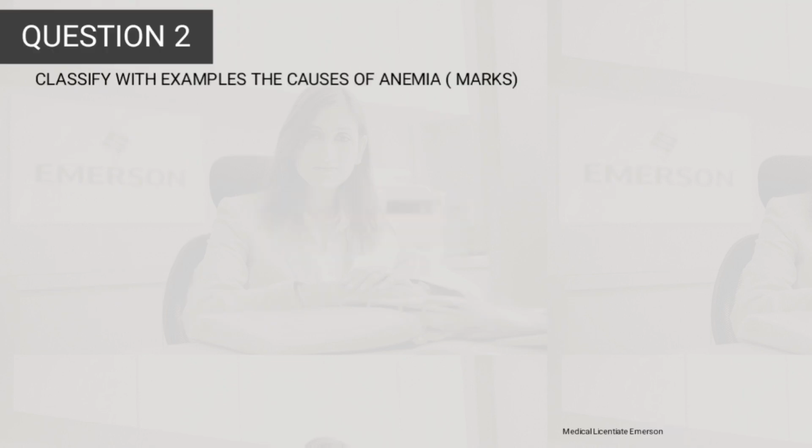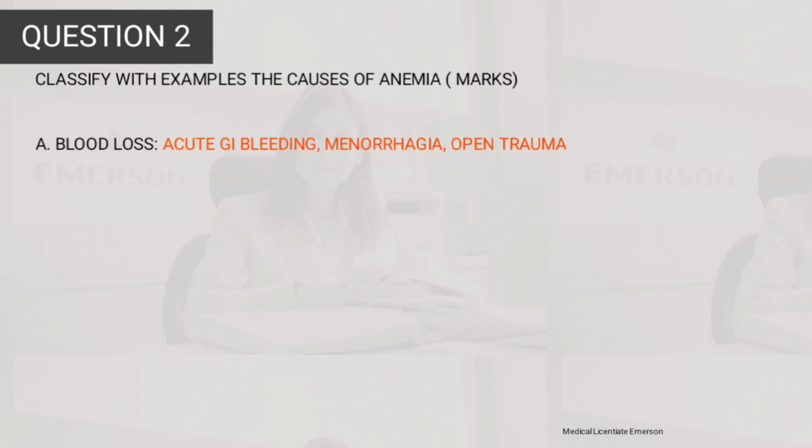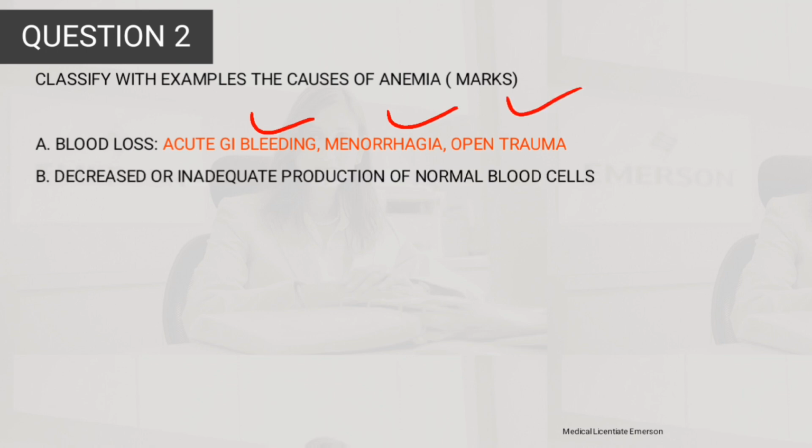So classify with examples the causes of anemia. So these are at least more good in terms of people retaining data. Of course we have blood loss, where we have acute GI bleeding, menorrhagia, open trauma. And we can have a decreased or inadequate production of normal blood cells.